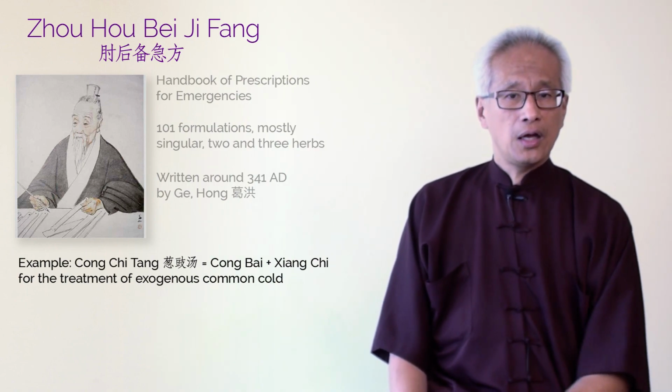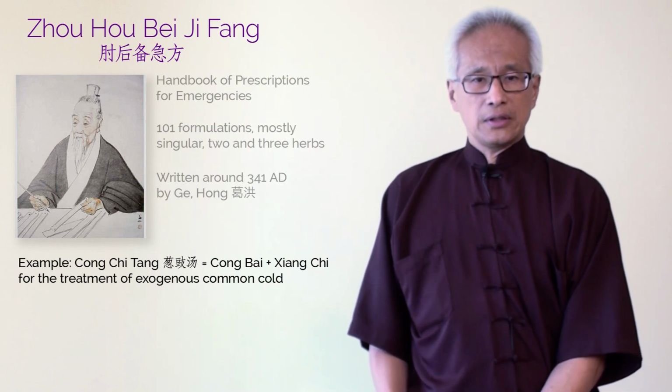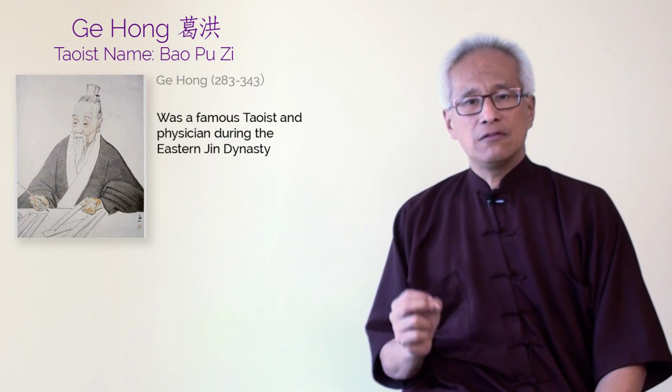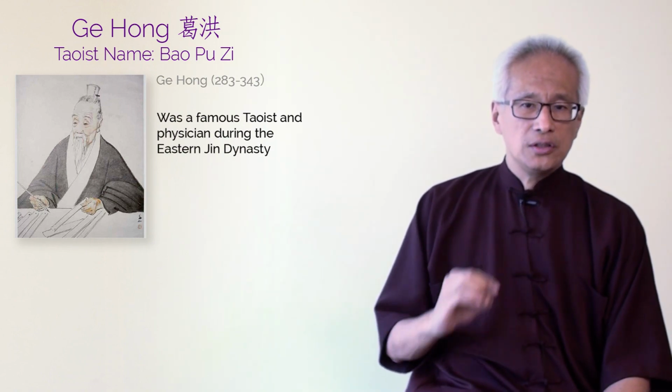Okay, so let's move forward and talk about Ge Hong for a moment. Ge Hong, his Taoist name is Bao Puzi. He was born in 283 and passed away about 343, as far as we can get that documentation. He was a very famous Taoist and physician during the Eastern Jin Dynasty.